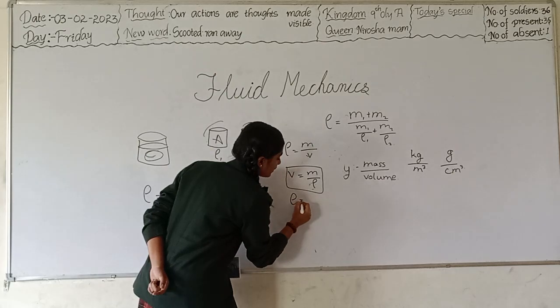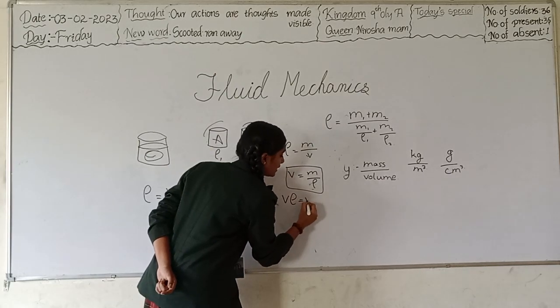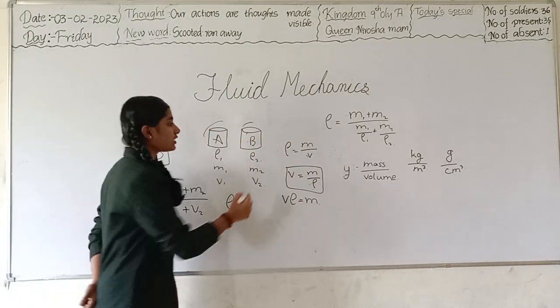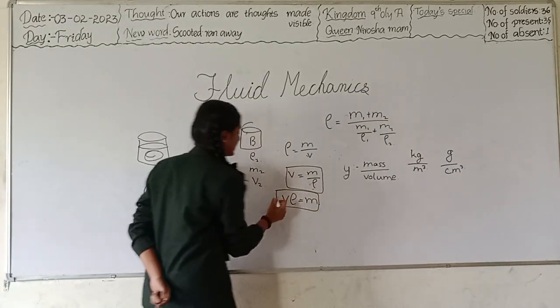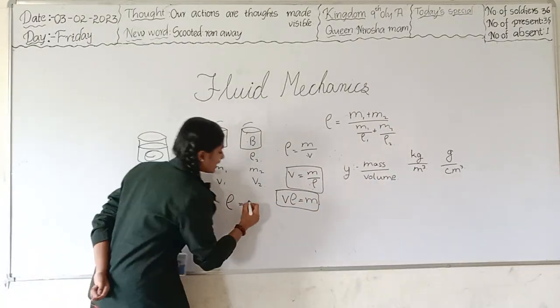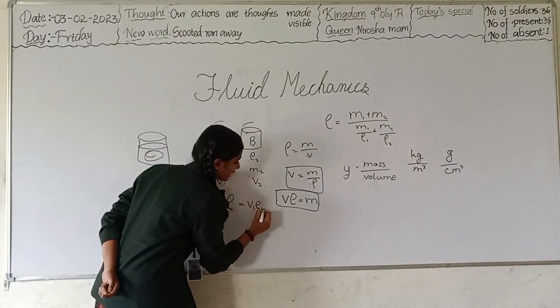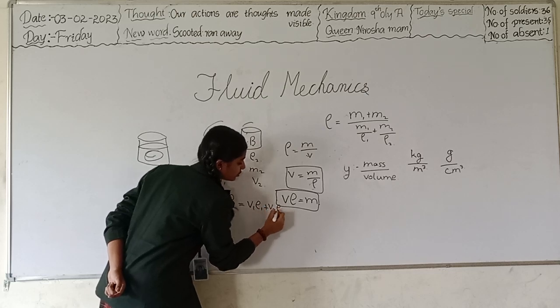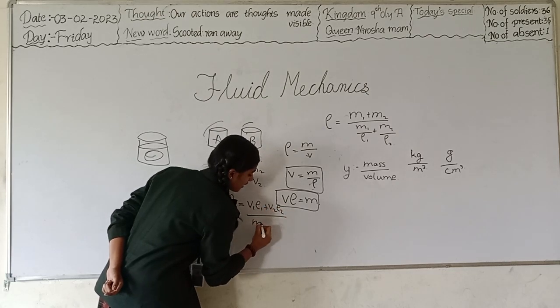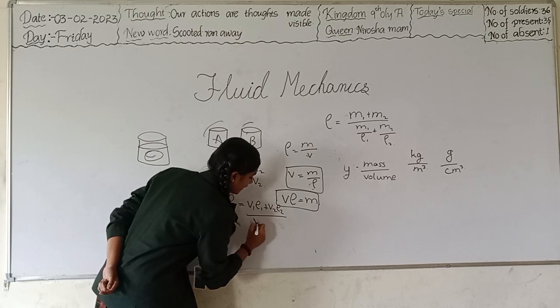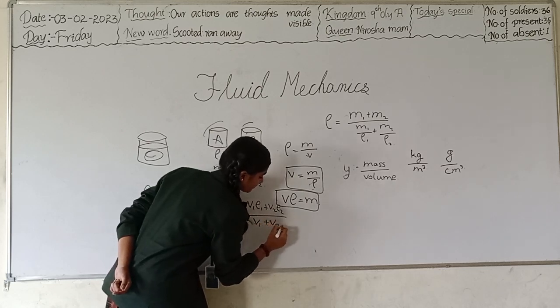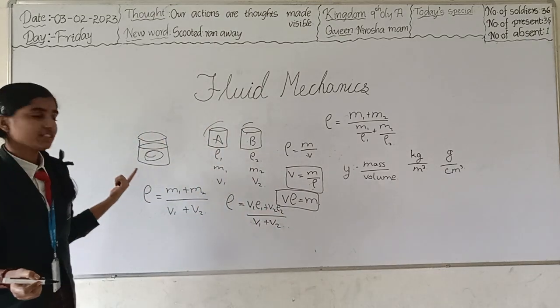So rho will be equal to m by v, so we got the value of m. And we substitute this here. Then it will be V1 rho 1 plus V2 rho 2 by V1 plus V2. I hope you understood this.